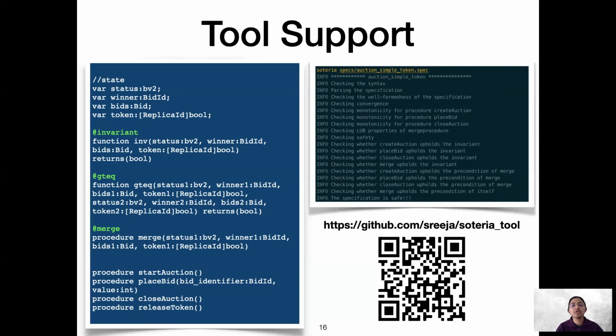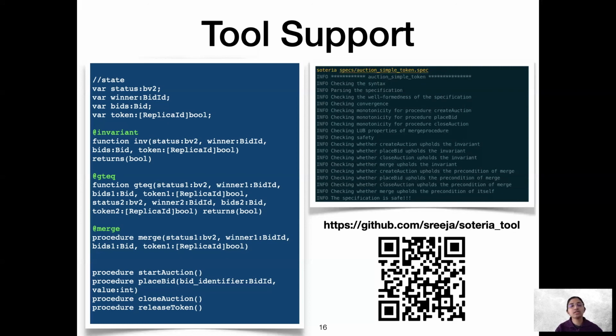Merge should be specially annotated with @merge to distinguish it from the other operations. The left-hand side shows the input format for Soteria. We have only shown the skeleton of the specification of an auction. It would also contain the support functions, pre and post conditions, and implementations of all procedures, and of course the function bodies as well.